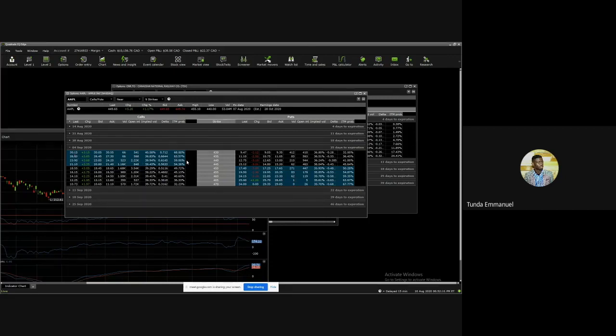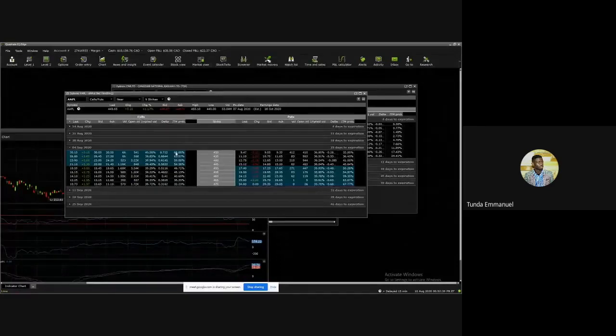From what you can see here, for example, they tell us there is 68% for Apple stock to be at 430 by the end of September 4th.